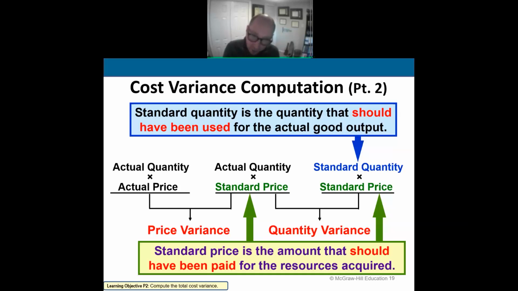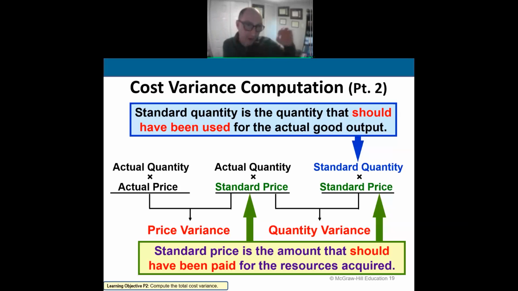Then I have my actual, what I actually use times my actual price. That's why there's a variance. I have my standard, also known as my normal, and I have my actual. And when I compare the two, I get a variance.